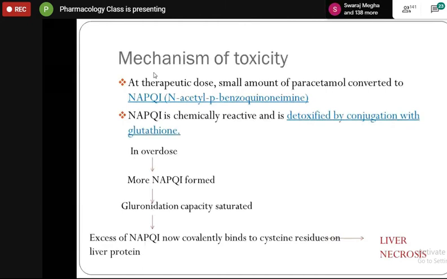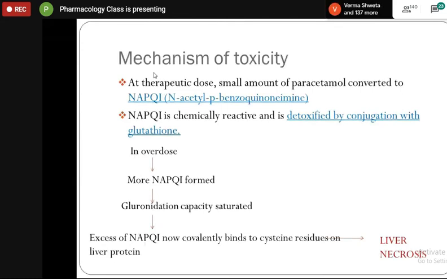Is it in the therapeutic dose, in overdoses, or with continued use? Overdose. Overdoses. Okay, we still remember that. So it causes the toxic effect to the liver mainly in overdose. A 500 mg SOS dose is the therapeutic dose, but if it exceeds 2 g or 5 g, that becomes an overdose.